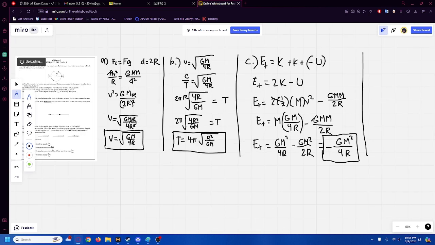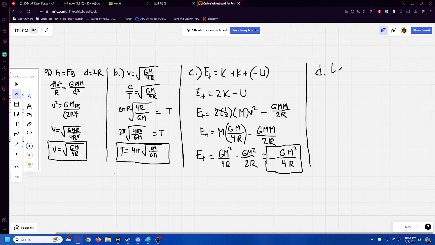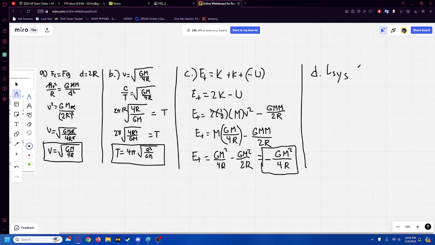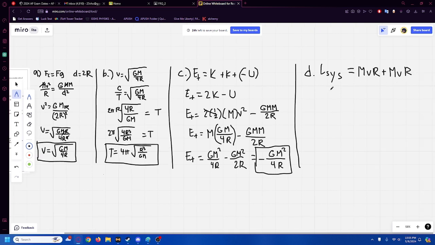Part D is asking for the angular momentum. So L system is equal to mvr plus mvr for the two planets, so L system is equal to 2mvr.